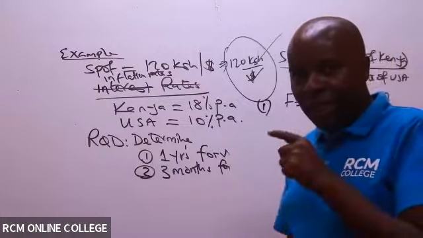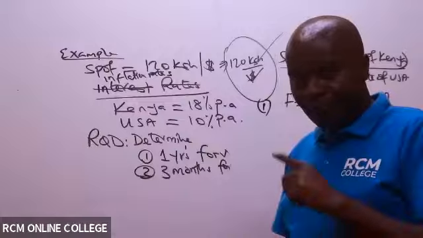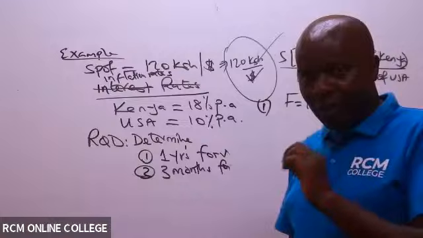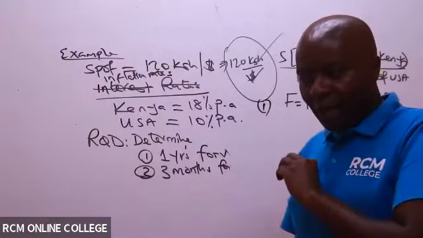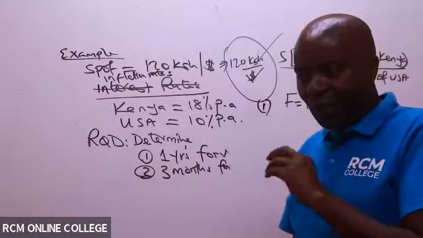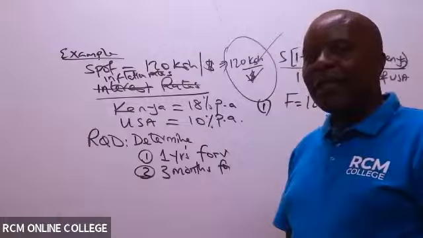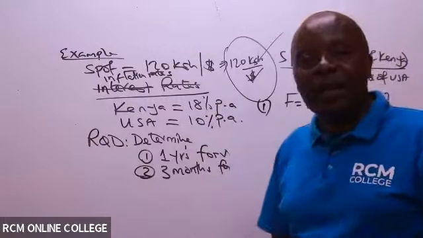Is the Kenya shilling here depreciating or appreciating? We were at 120 Kenya shillings per dollar. Now we are at 128. Do you know why it is depreciating? It's because the inflation rate in Kenya is higher.